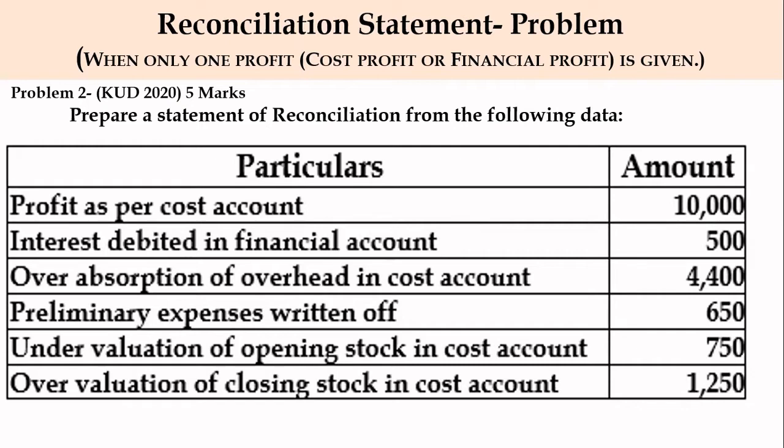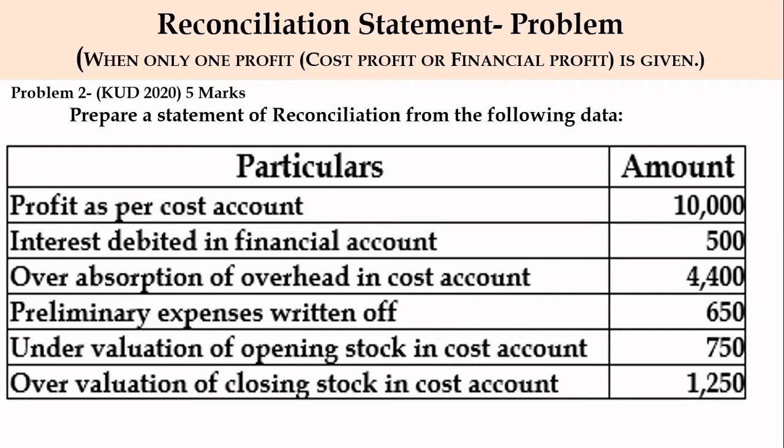So first of all, you have to identify those items which you are going to add, and the items which we have to deduct. When we take profit as per cost account, as I said earlier, I have shown you the format also, what things to be added and what items to be deducted. So you should be thorough with those points.